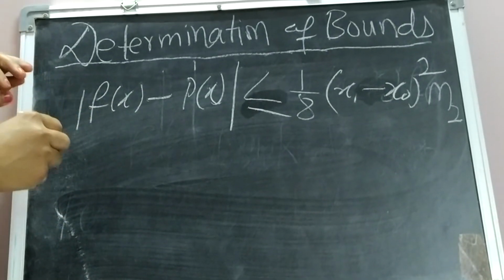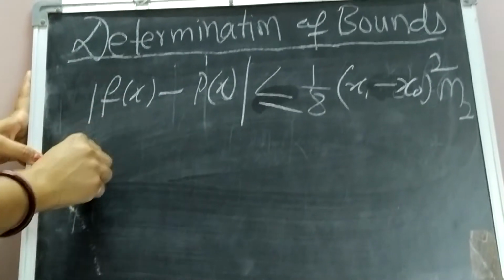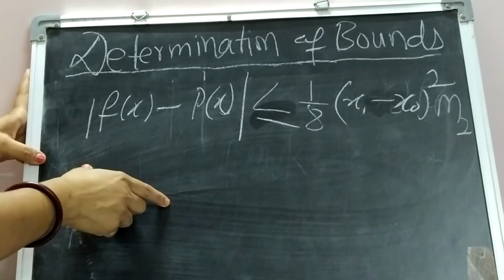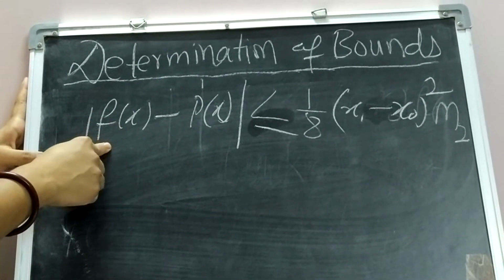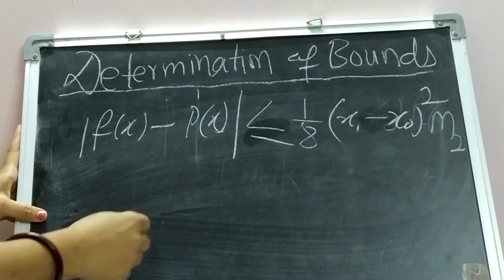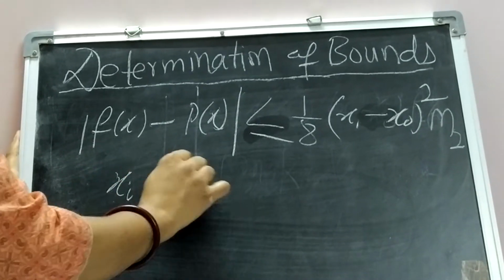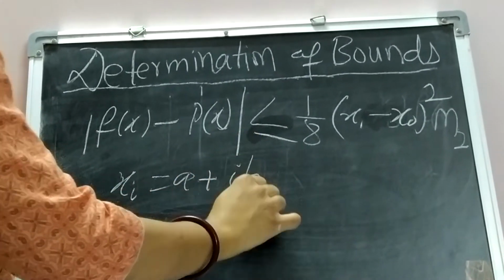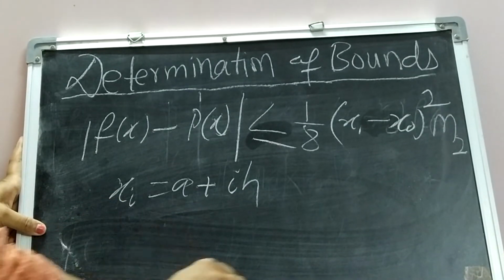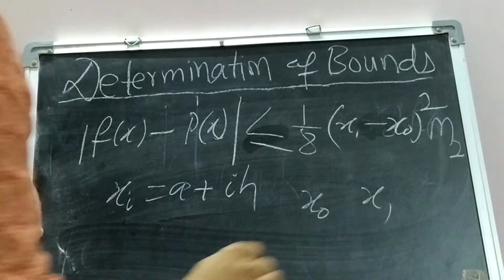This equation represents how to construct a table of values for the function fx for equally spaced nodal points. Suppose the nodal point you are going to take is xi is equal to a plus ih. This is what I am talking about. Suppose you are taking the point x0 and after that x1.